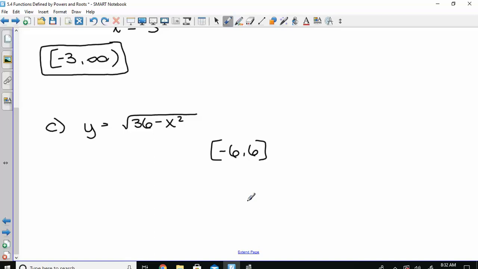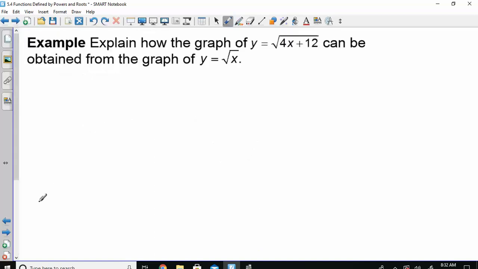Okay, last two examples. I just want to remind you of some of your transformations. So if I wanted to graph y equals the square root of 4x plus 12, we're not even actually going to graph it. I just want to identify what the transformations would be if we did need to graph that.